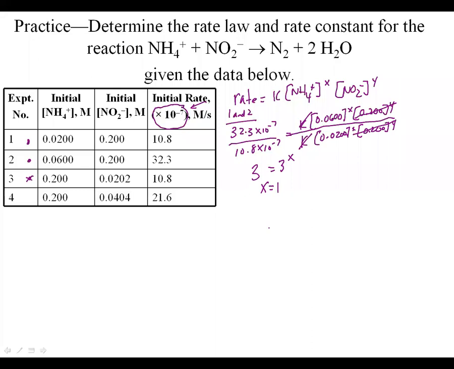Now that we held our NO2 minus constant, we want to hold our NH4 plus constant. And now I'm going to pick 2 correct ones here. So we will go with entry 3 and 4 to do that.